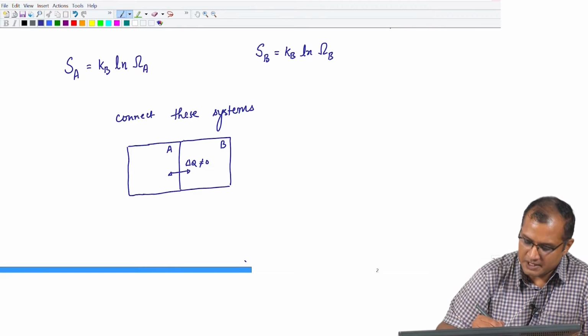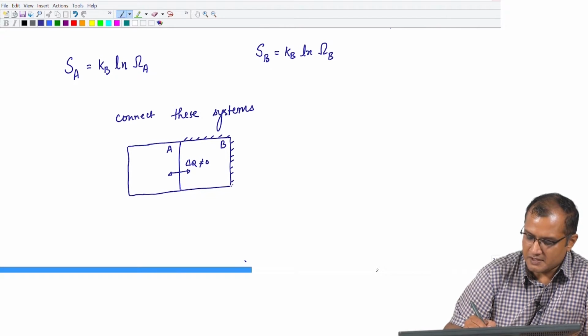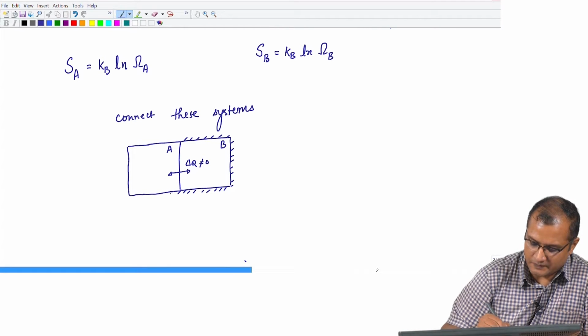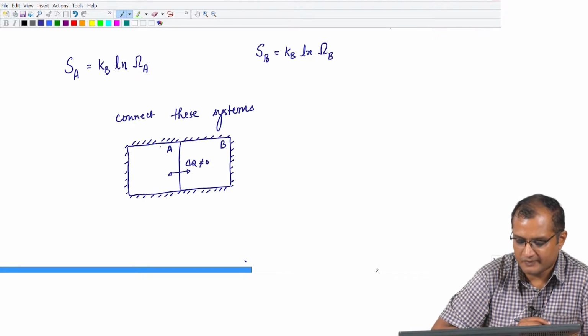Okay, but they are shielded from the surroundings. So, A and B will not take or give any energy to the surroundings, they can exchange energy internally, okay. They can exchange energy between themselves, but they are still isolated both mechanically and thermally from the surroundings.